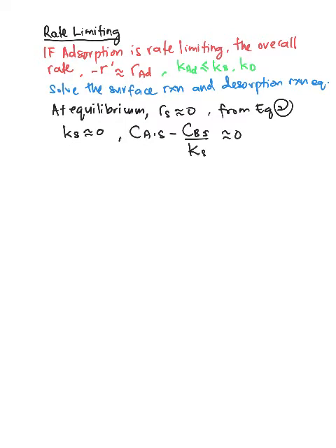Then rearranging for C_A·S, it equals C_B·S over K_S. We write this as equation 4.